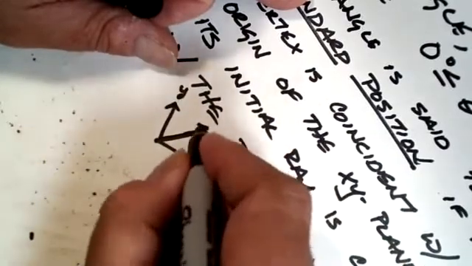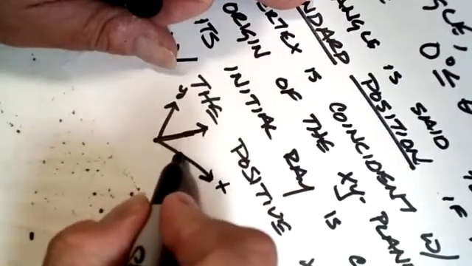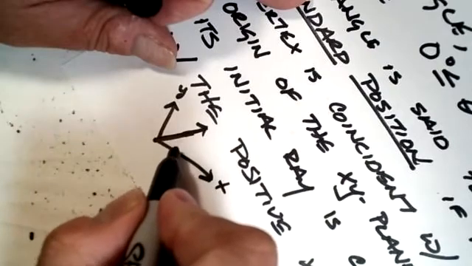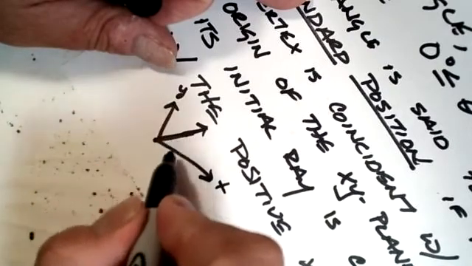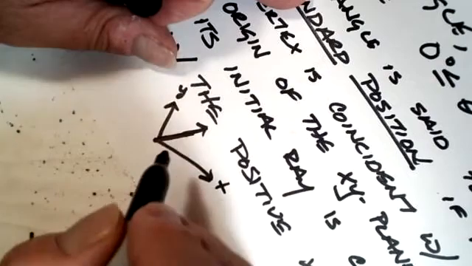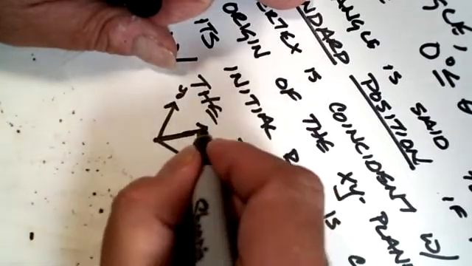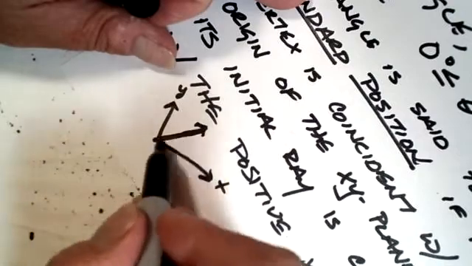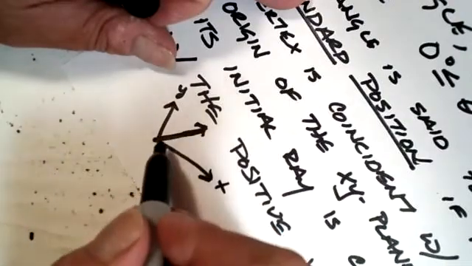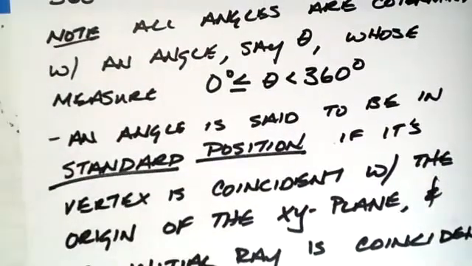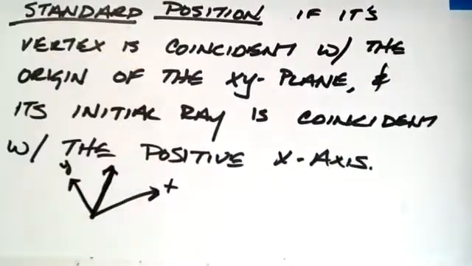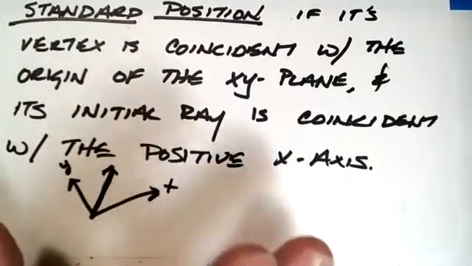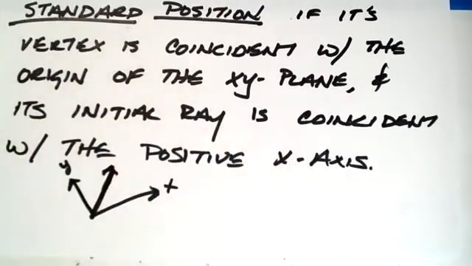Its measure is going to be sort of this, or possibly rotate backwards, or maybe go around 16 times. But what's going to become critical is not so much the measure of this angle, but the position of this terminal ray with regards to this sort of imaginary XY plane that we've put on top of things. So that's kind of a little setup for what's happening next.